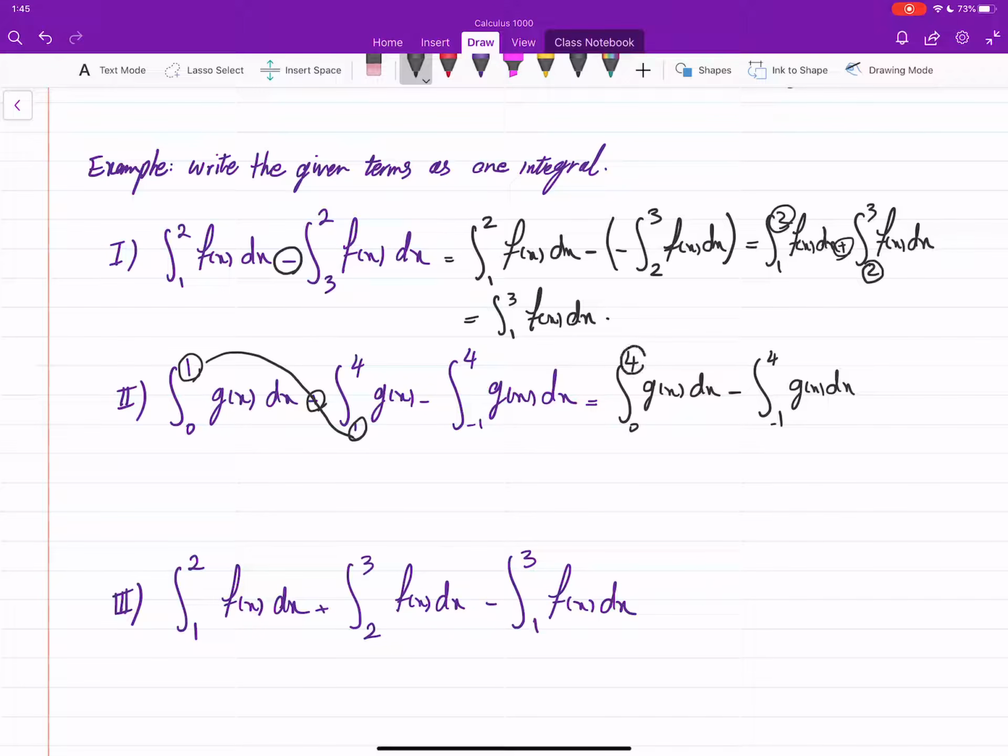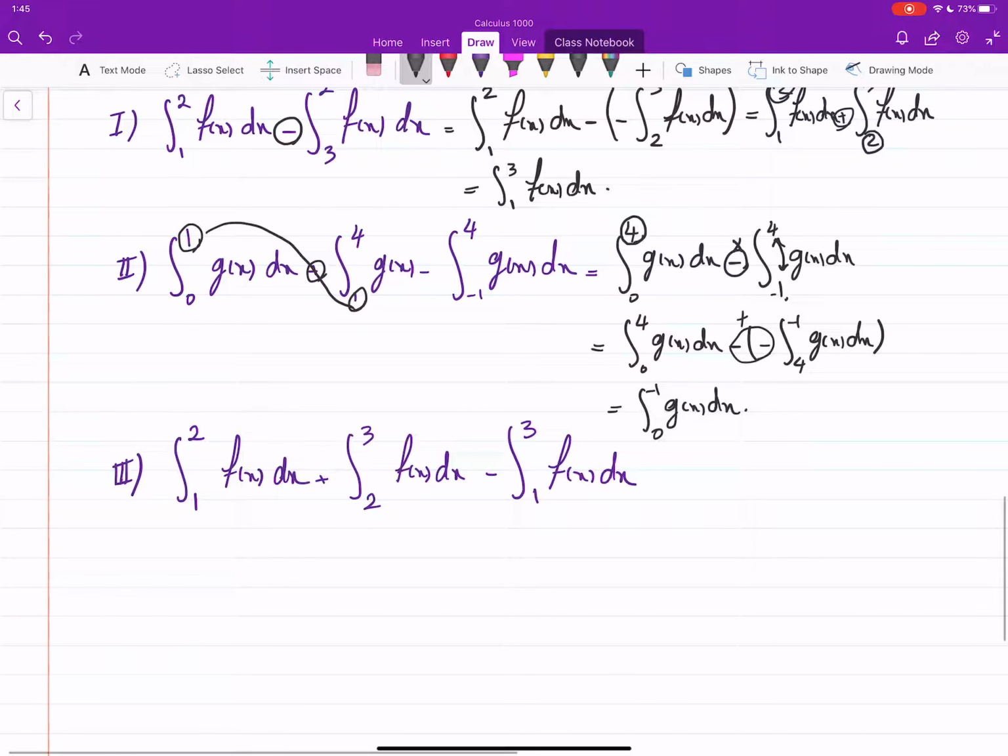So it ends at 4, it is not addition here, and it is not the same thing. So we first switch these two, you get 0 to 4 g x dx minus 4 to -1 g x dx. And then from there, you see that now this will turn to plus, so it was 0 to -1 g x dx. Just one integral.